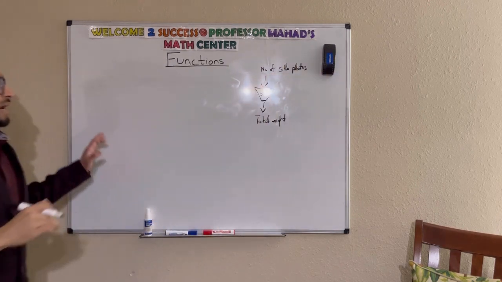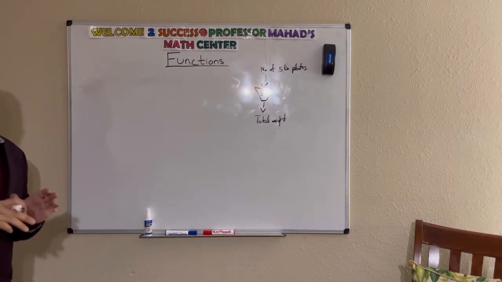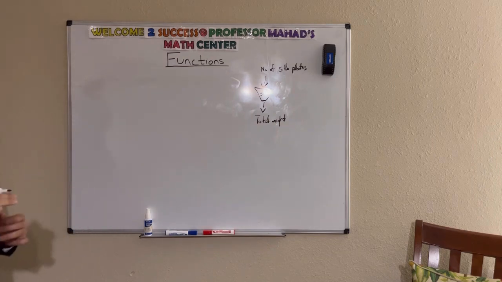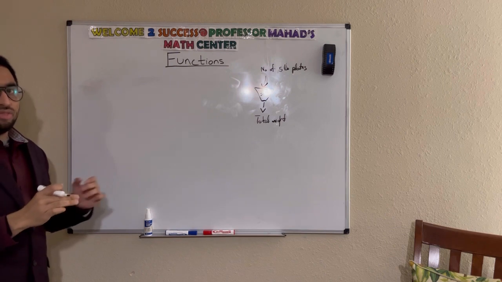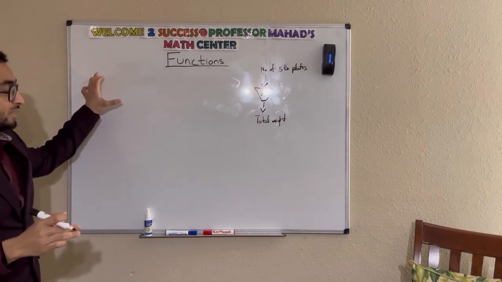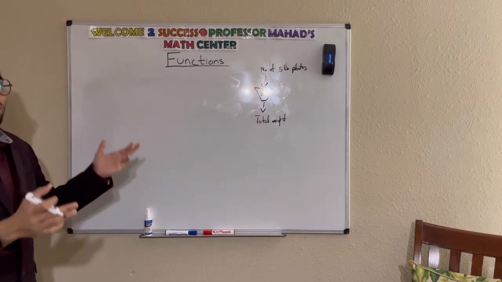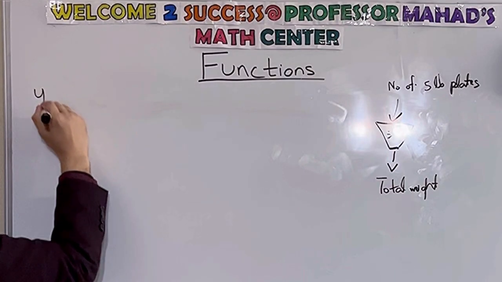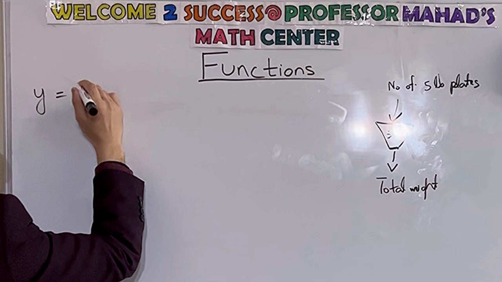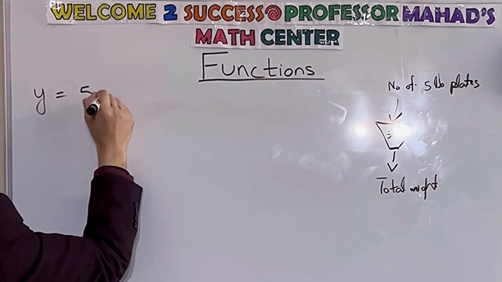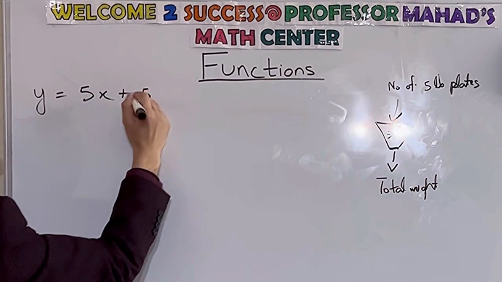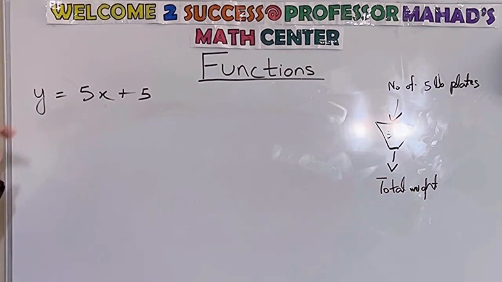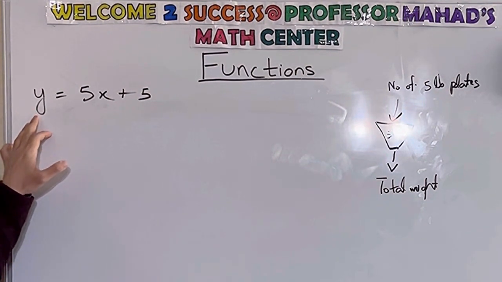For now I will call it an equation, not a function, because we still need to analyze what is a function, how do we determine whether we can call an equation, a relationship, a function or not, right? So I have this y is equal to 5x plus 5, where x was the number of plates and y was the total weight, correct?